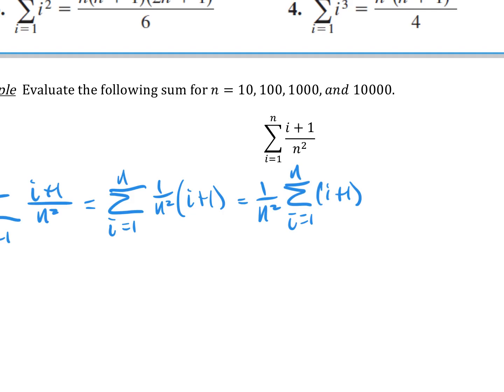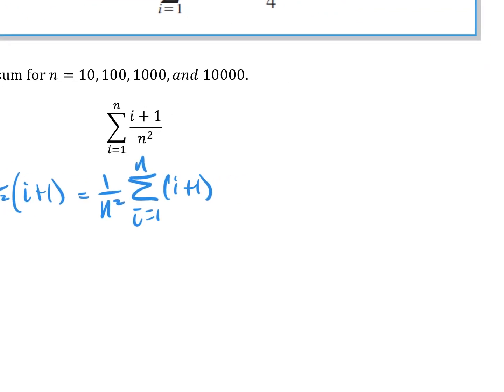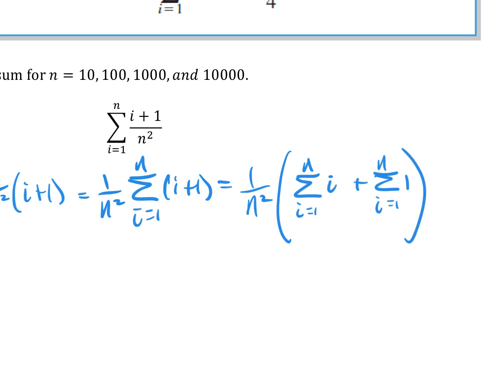Now, we have another rule that says if we have the sum of two things being added, we can split them up. The 1 over n squared has to hang out, so we need some big parentheses here, and we break this into two summations: the sum from i equals 1 to n of i, plus the sum from i equals 1 to n of 1.